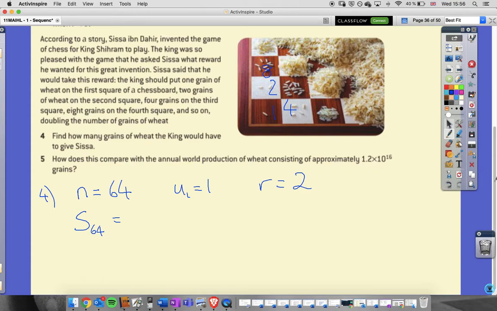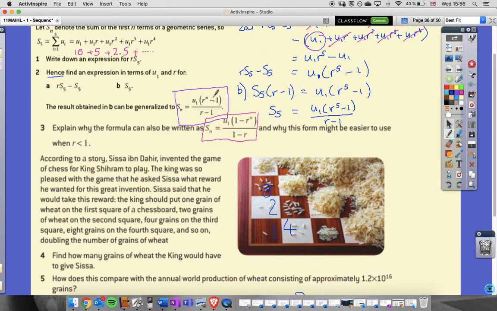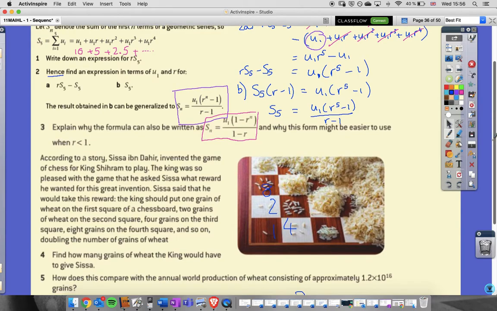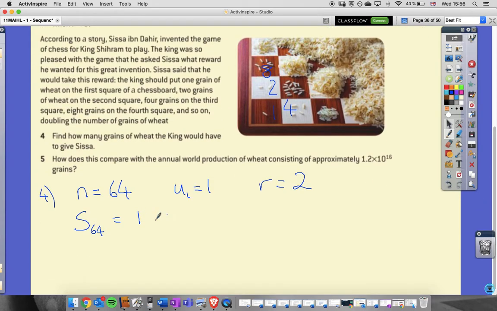Let's check our formula. We can use this one up here, or we could use either really. So U1 is 1 times r to the power of n minus 1, divided by r minus 1. Obviously, use your calculator for this. You will end up with roughly 1.84 times 10 to the power of 19 grains.